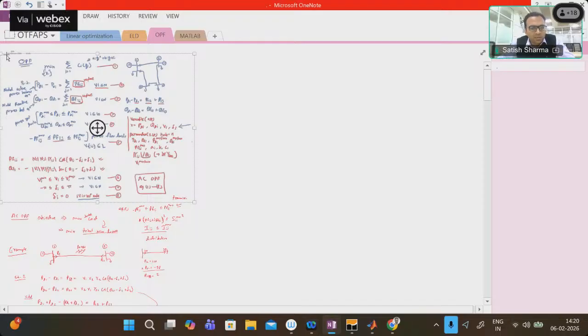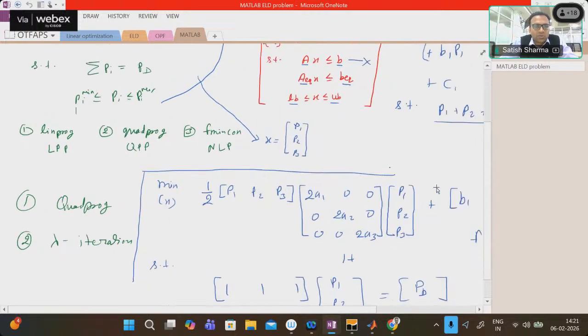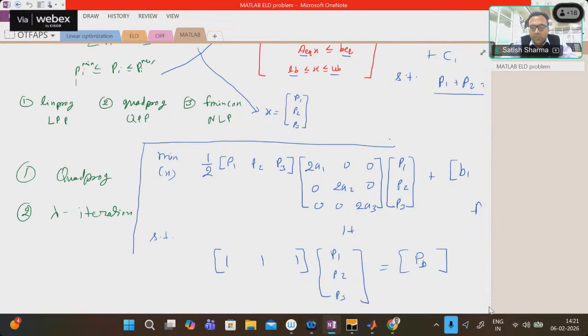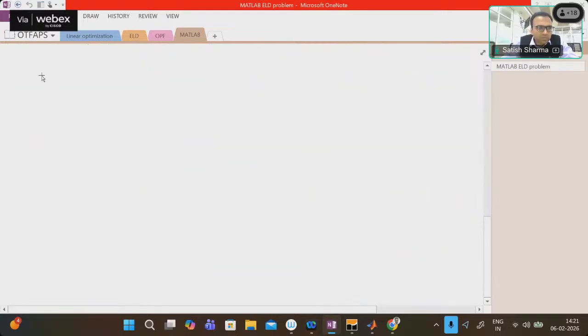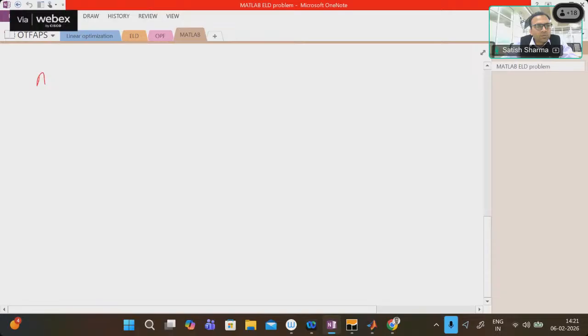Let's copy this part and put it in the MATLAB file so that we can work on it. I will paste it here with ACOPF.